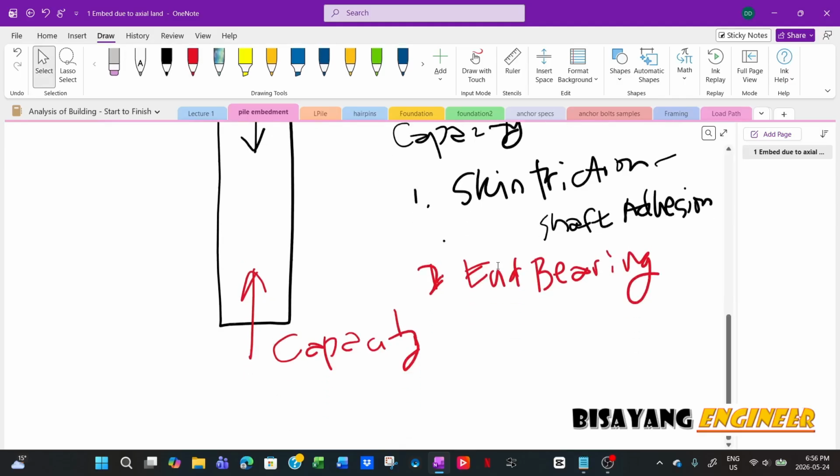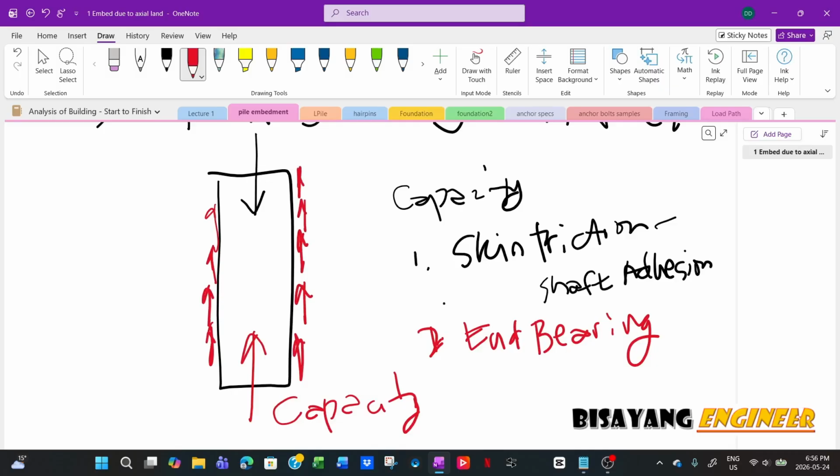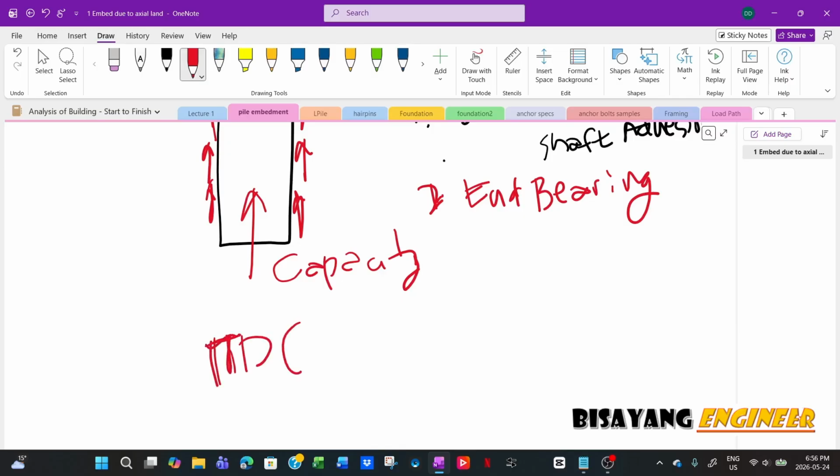So shaft adhesion or skin friction would be your capacity based on the skin friction along the pile length, which is equal to pi times d, that's your pile perimeter, times L. Your L is the embedment.